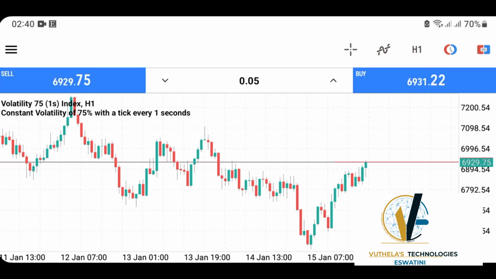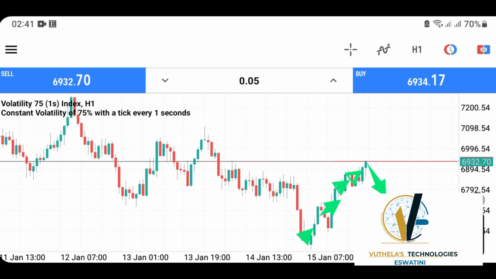Let me show you clearly. The market is from this side, it's been going up, but eventually you find that it will fail and it will then go down. We say that the market is rejected by the bulls.